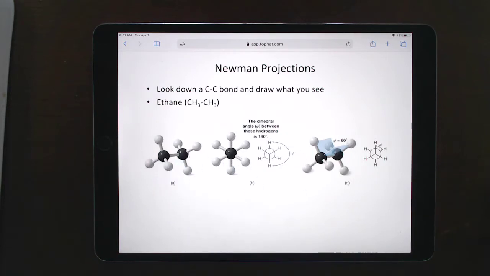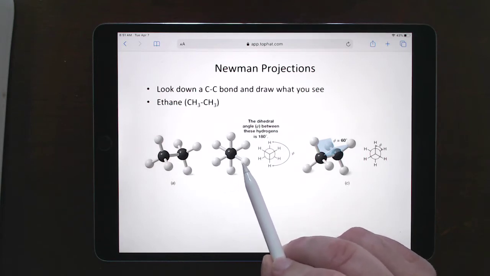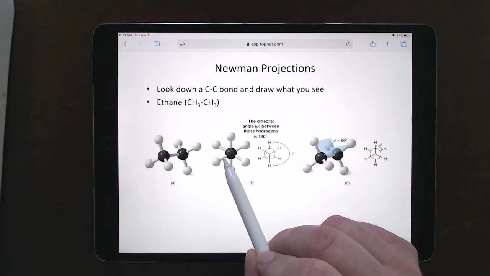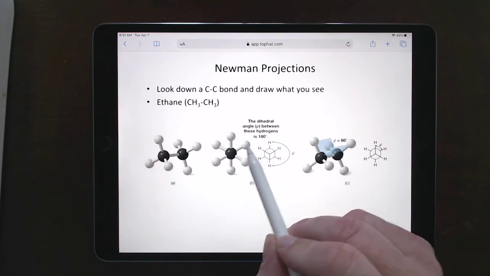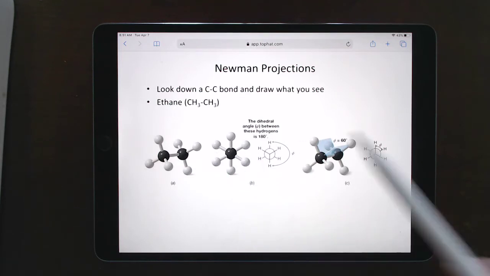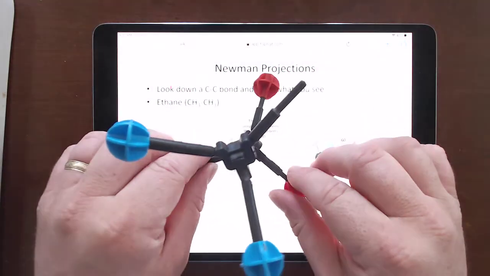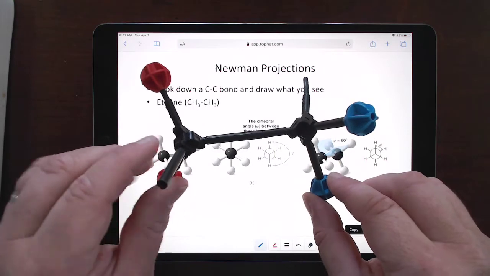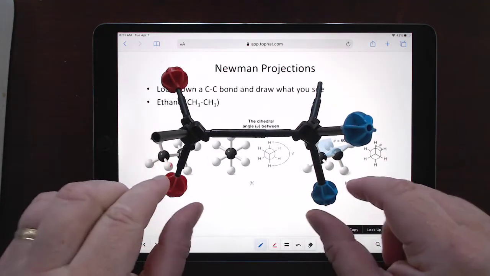And so you have the carbon in the front, and you can see the three hydrogens hanging off of it, and the carbon in the back is going to be obscured by the carbon in the front, but you can still see the hydrogens sticking off of it. If you take your model kit, you've got the carbons, like this, you've got ethane.